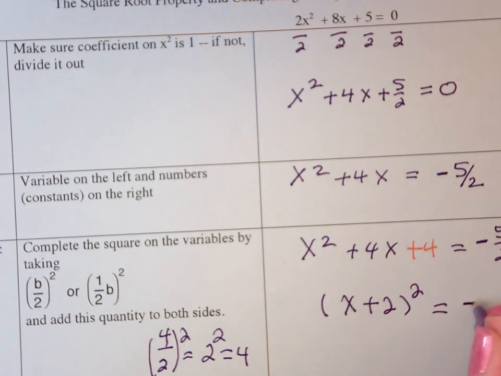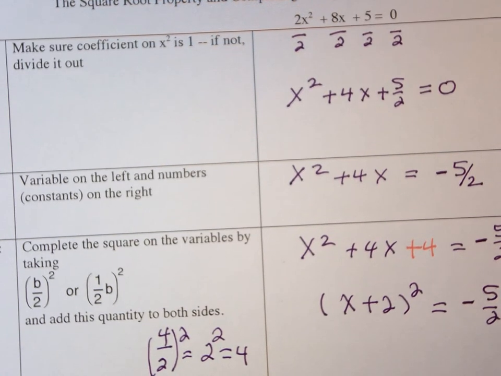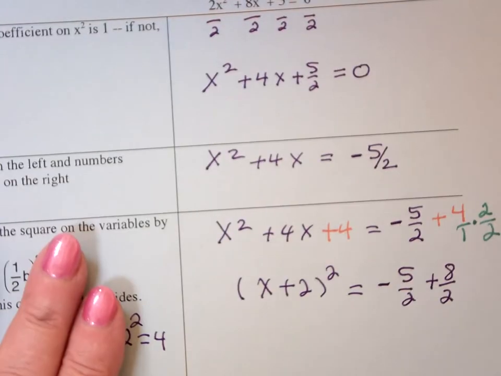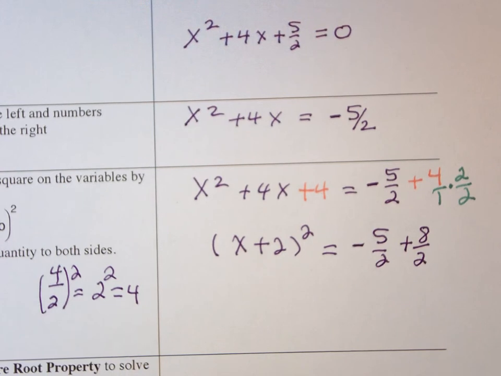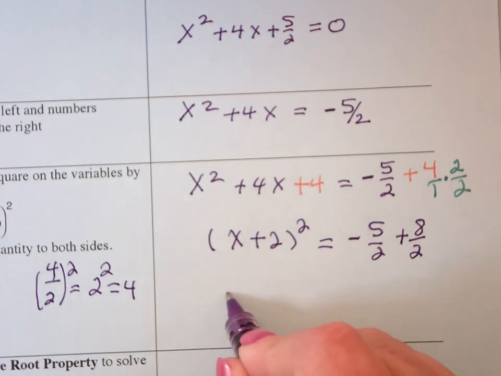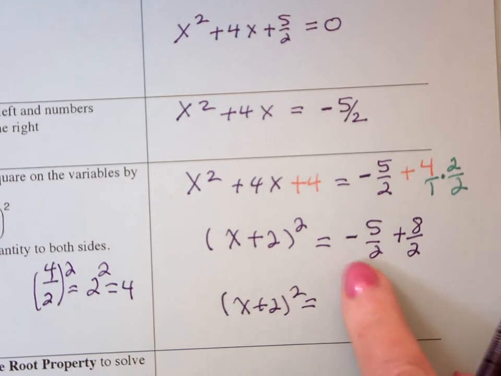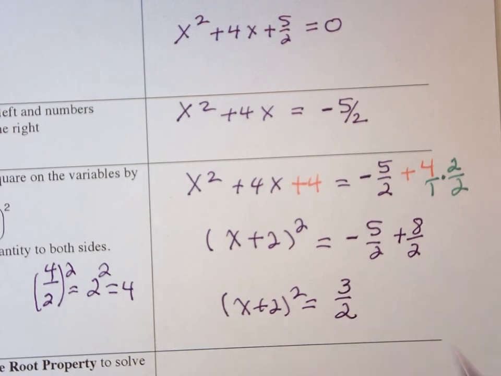So this is going to be negative 5 over 2 plus 8 over 2. So that x plus 2 squared equals minus 5 over 2 plus 8 over 2 is 3 over 2.